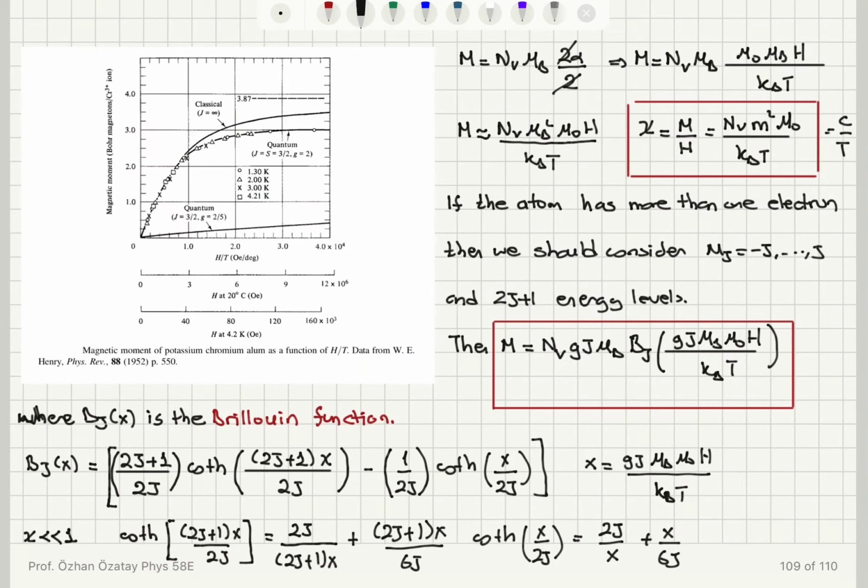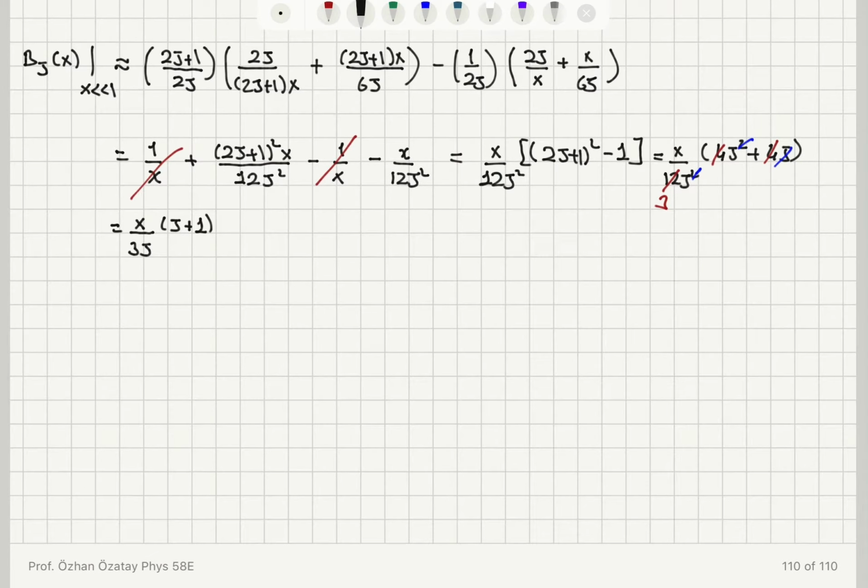So if I go back to my magnetization, the magnetization then will become N_V g Bohr magneton times J, times x times (J+1) divided by 3J.